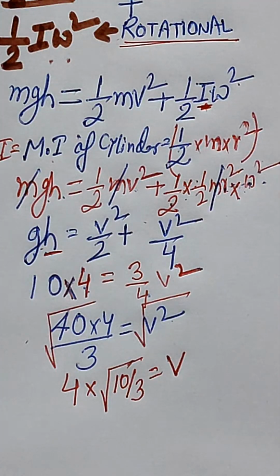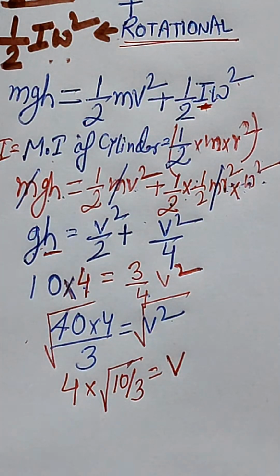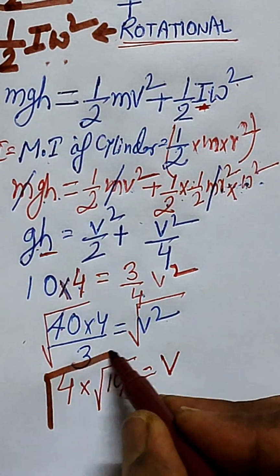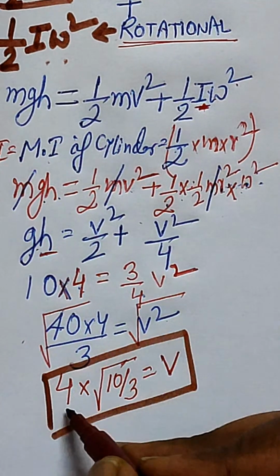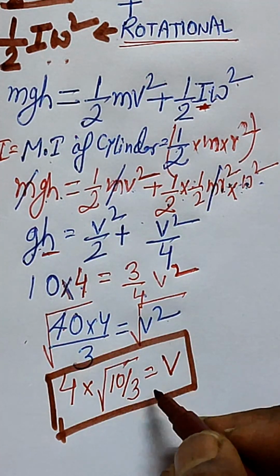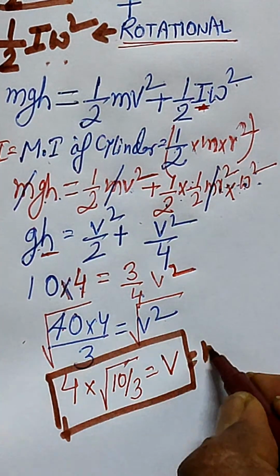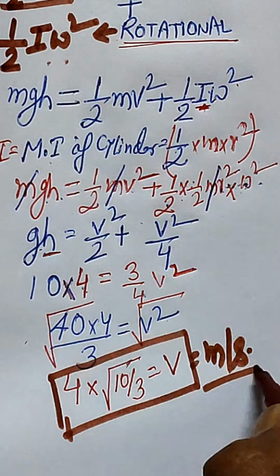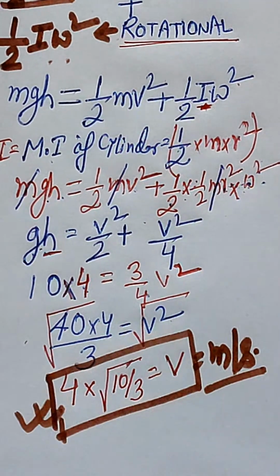So you can see v, the velocity of the barrel, is calculated as 4 times root over 10 by 3, and this will be in meter per second, right? And this is your answer, students.